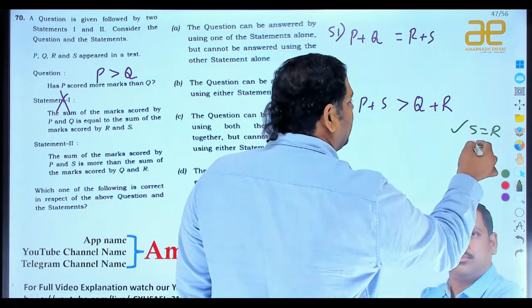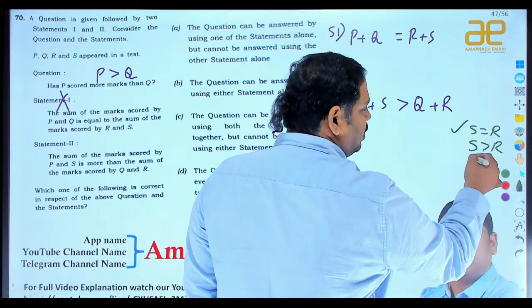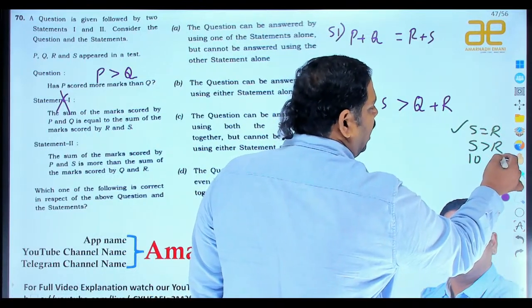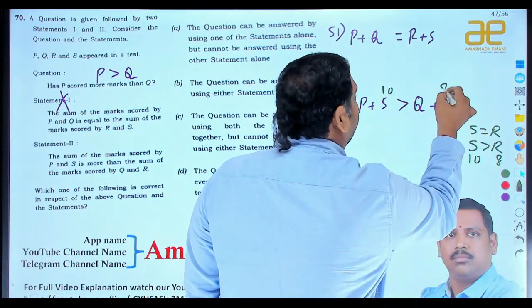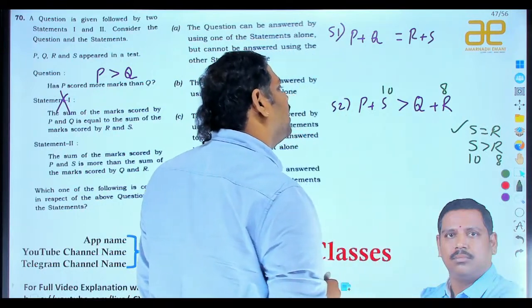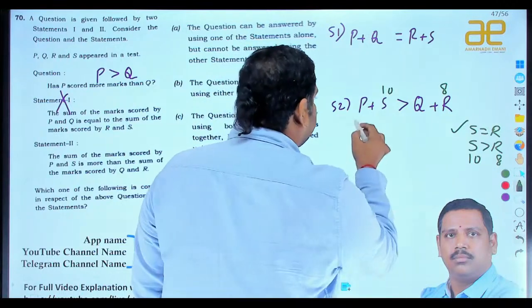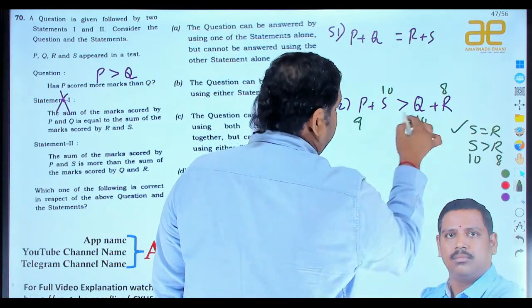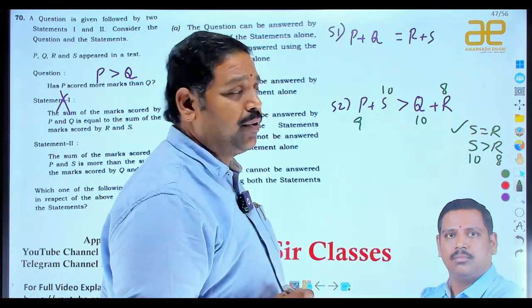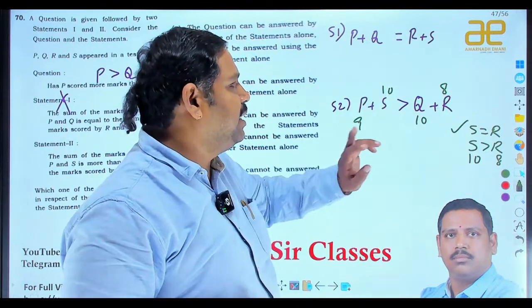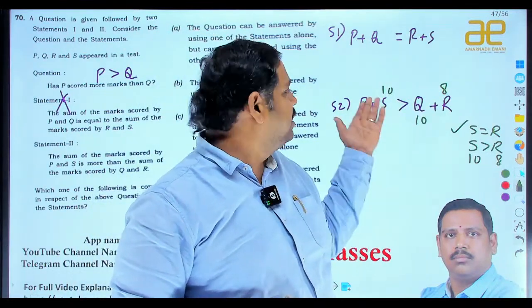Suppose the score of S is more than R. Suppose S is 10 and R is 8. Then already from here, a gap of 2 is there. Suppose P is 9 and Q is 10. This is one example case. 9 plus 10 is 19, 10 plus 8 is 18. Yes, this is more.